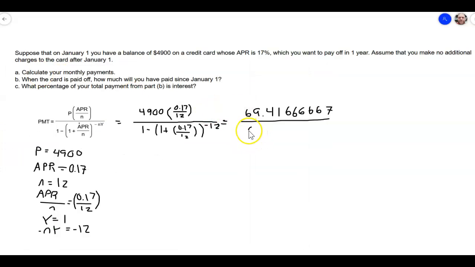So that is 0.1553281638. Double check that. All right.